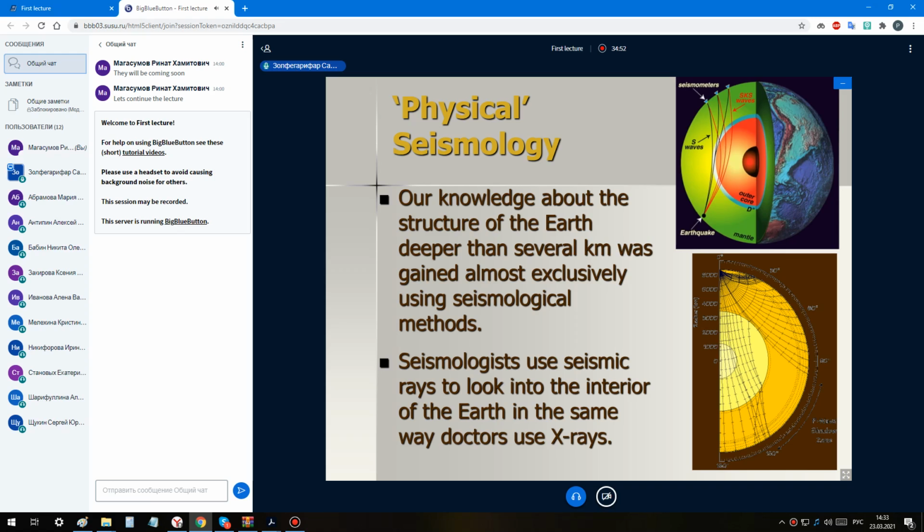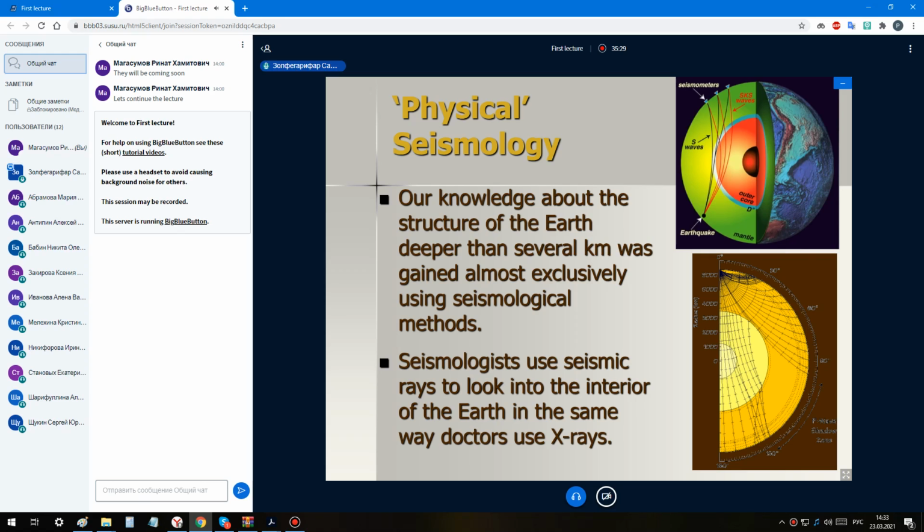Physical seismology is another branch of seismology, and it describes and explains the physics of seismology. Knowledge about the structure of the earth deeper than several kilometers was gained almost exclusively using seismological methods.